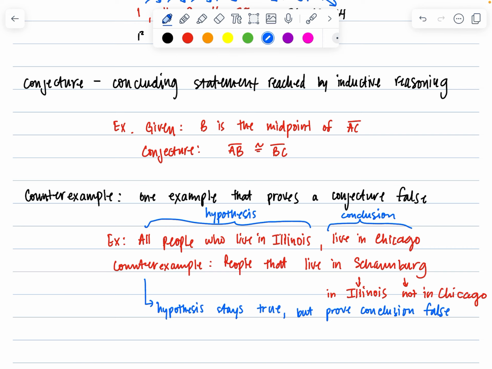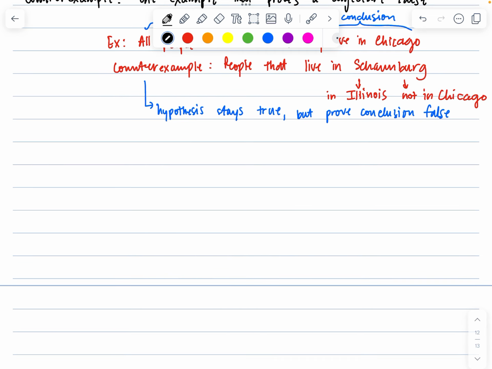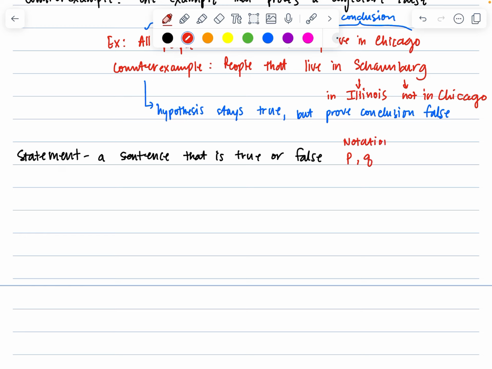All right. And then we just have some small things. For instance, we have a lot of statements when we're talking about proofs and conjectures. A statement is just a sentence that is true or false. And we use the letters P and Q typically, so I'm going to put P and Q for the notation. We also need to talk about truth value.